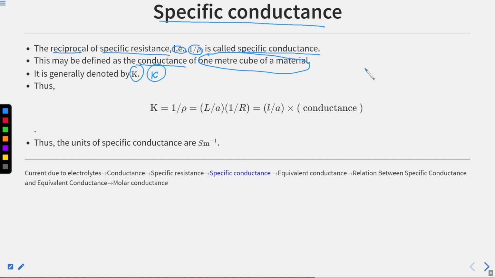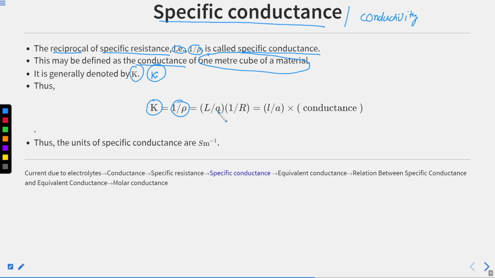So I'm writing it here. Can we also say it as conductivity? Not specific, just conductivity. Then if you look at the formula, kappa is equal to 1 by rho.